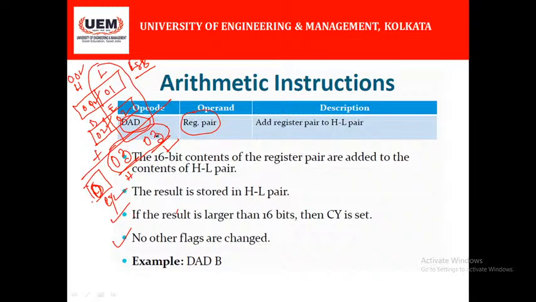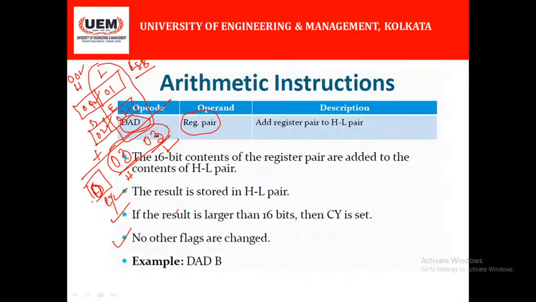In earlier cases we were storing the result in the accumulator. That's why if the value of the accumulator changes, naturally sign flag, zero flag, parity flag, auxiliary carry will change. But here we are storing the result in the HL register pair, which is not the accumulator. That's why sign flag, parity flag, zero flag, auxiliary carry are not affected. Only the carry flag will be affected.